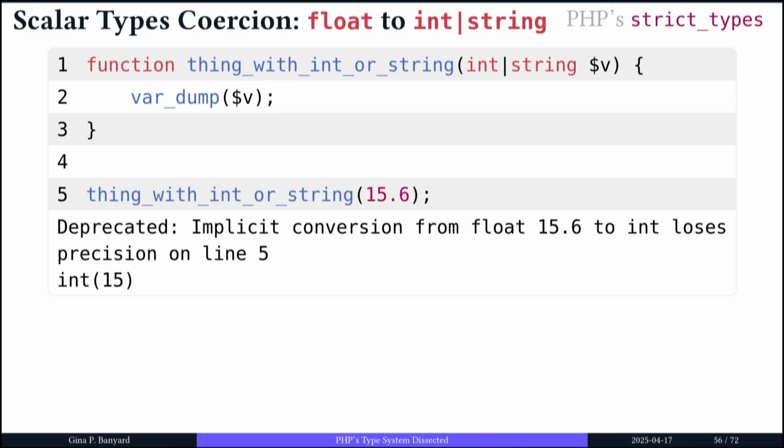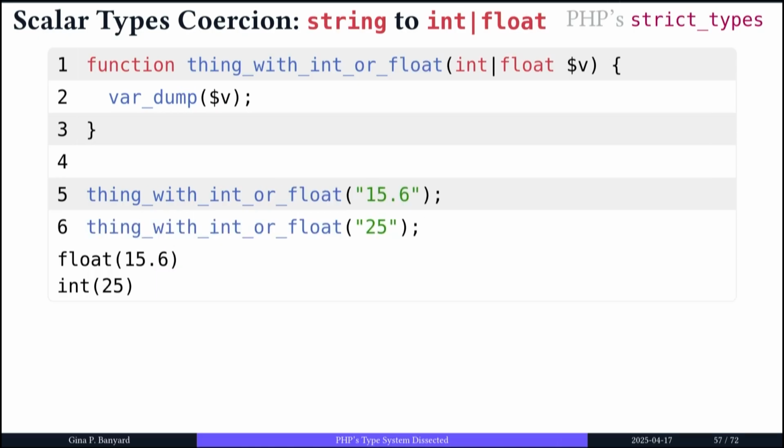But in PHP 9, when this behavior becomes an error, the float would be coerced to a string. And strings actually don't really follow the rule of the order. They are coerced according to the numeric string semantics. If the string is an integer, it gets coerced to an integer. If the string is a float, it gets coerced to a float.